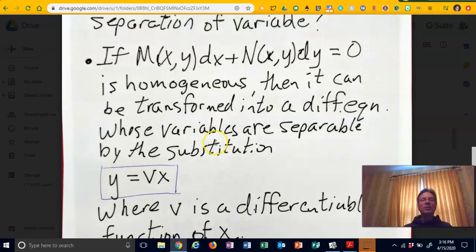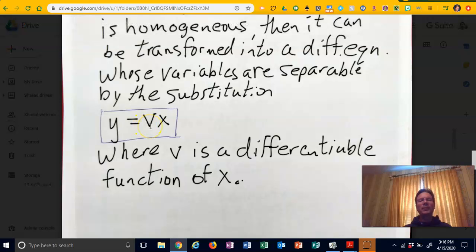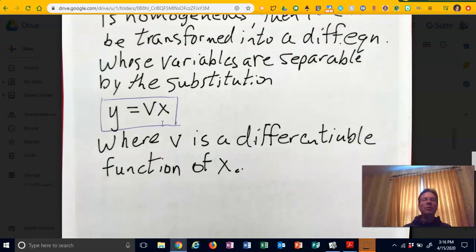The first substitution we're going to look at is we're going to replace y with vx. So what is v? Well, v is some function of x. Just don't know what its form is. So it's a function of x that can have its derivative taken. And x obviously is x. So y is v, which is a function of x, times x. All right, so that's the substitution we're going to make.